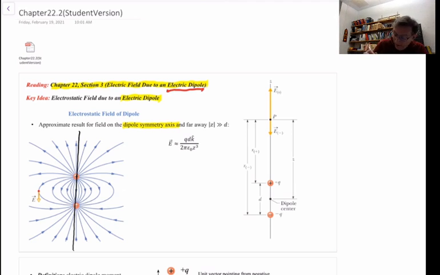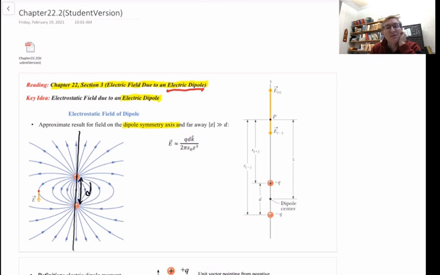What does it mean by far? Far compared to the distance d. Remember, d is the distance between the 2 charges. Why is that so important? What's so important about being far away from the dipole? Well, it turns out that many important molecules are electric dipoles.